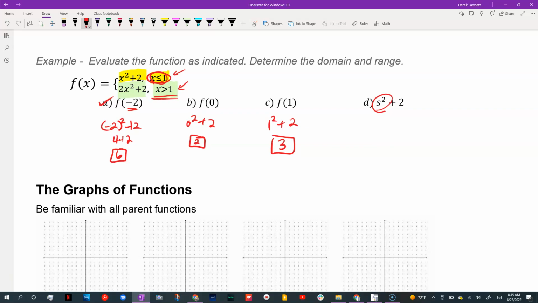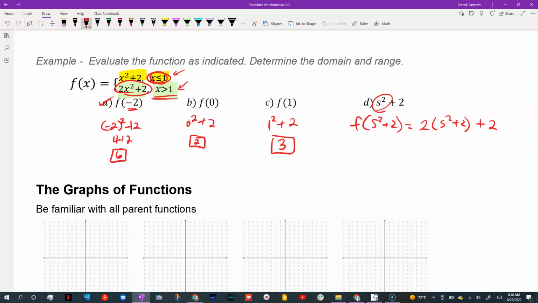So we know that we're going to be using the second one. So we're going to be using the 2x squared plus 2. And so it looks like this. So f of s squared plus 2, we're plugging that right in there. So that would be 2 times (s squared plus 2) squared plus 2.